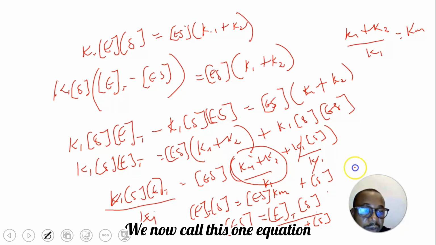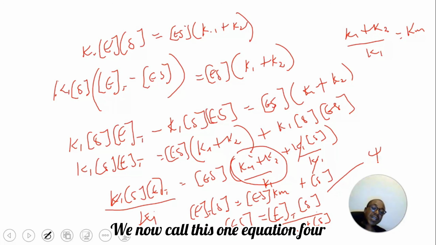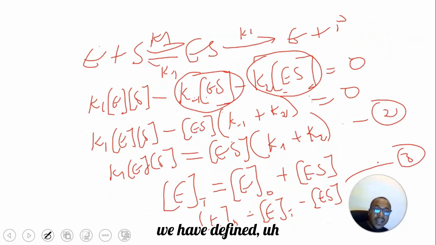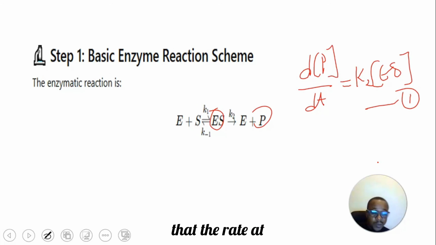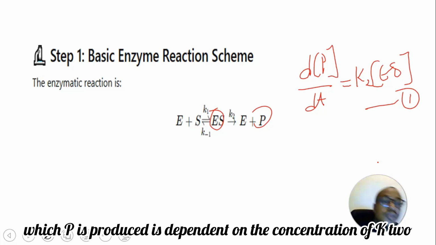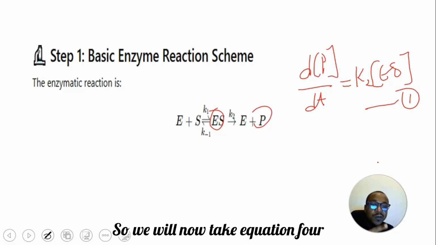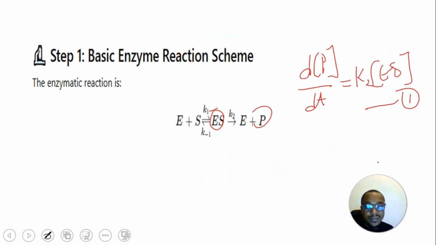We'll now call this equation 4. Remember, in equation 1, we defined that the rate at which P is produced is dependent on K2 times the concentration of the enzyme substrate complex. So we will now take equation 4 into equation 1.